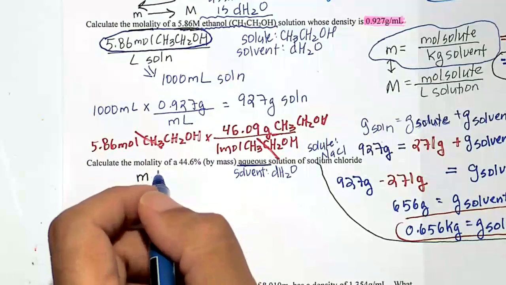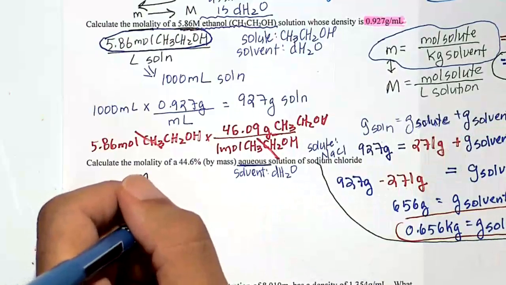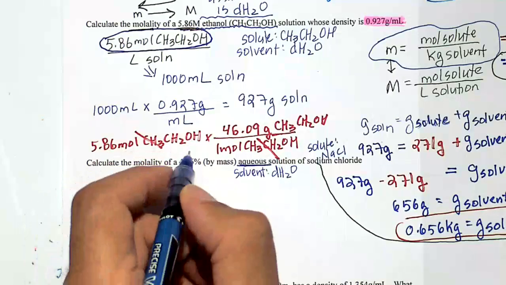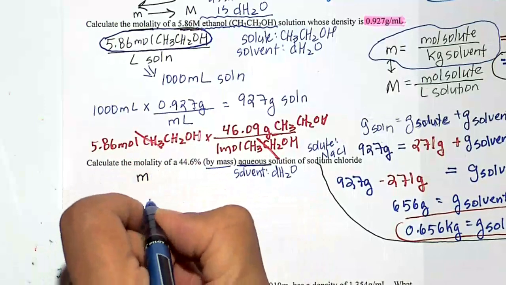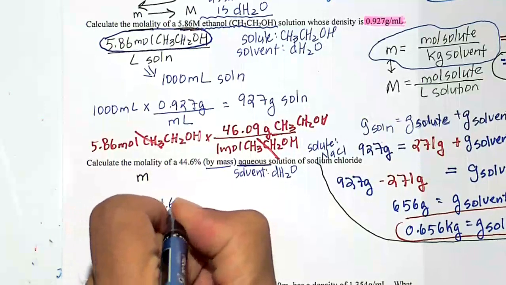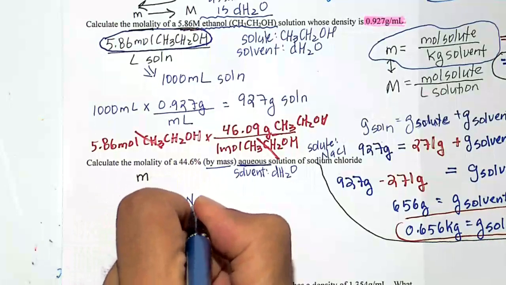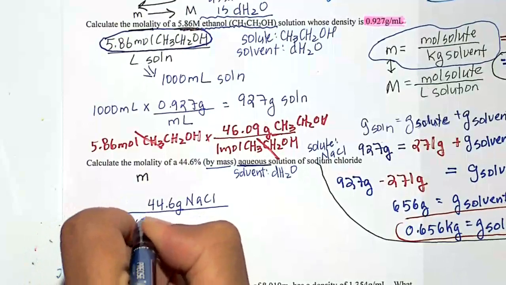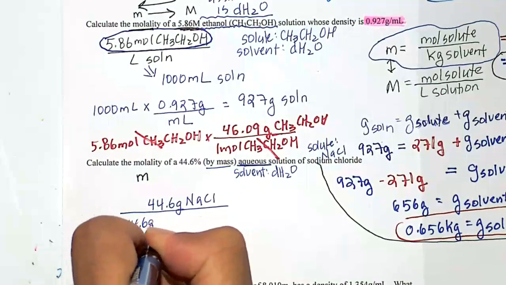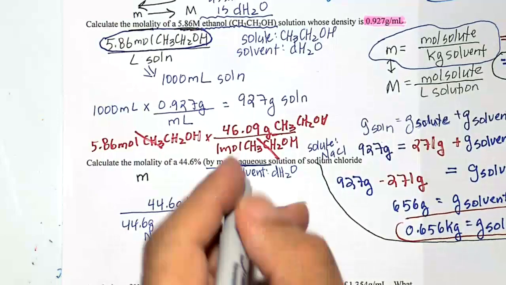So we need to calculate the molality, which is moles of solute over kilogram of solvent. 44.6% by mass means 44.6 grams of sodium chloride divided by 44.6 grams of sodium chloride plus how much water?